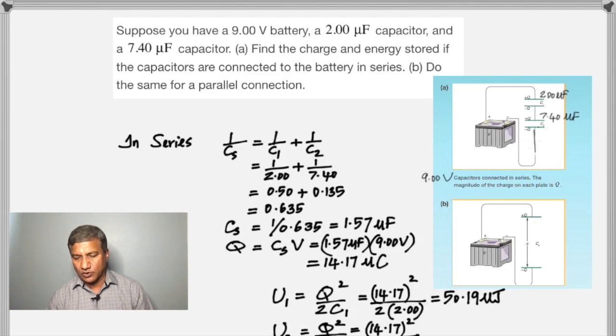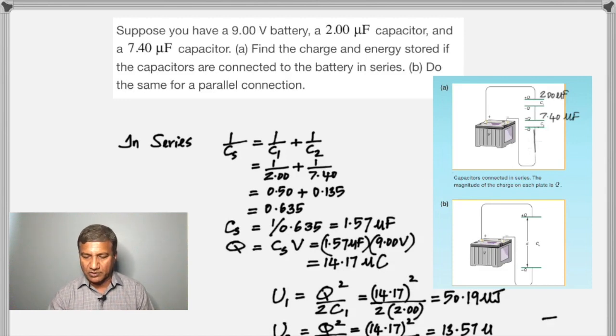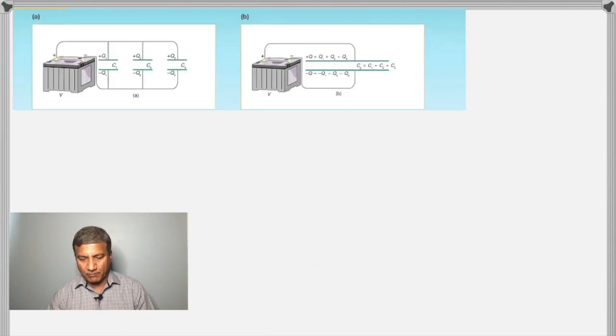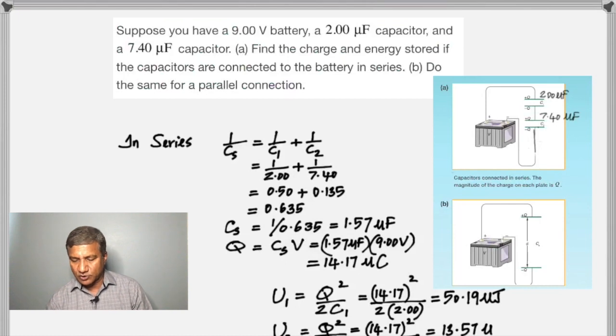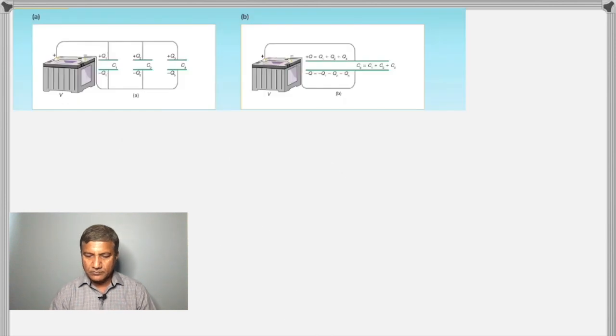For the second one, use the same formula, but do remember how I got the micro there, because there's a square on the micro and there's only micro below. That will leave 1 micro. So that's why it's 13.57 microjoules.